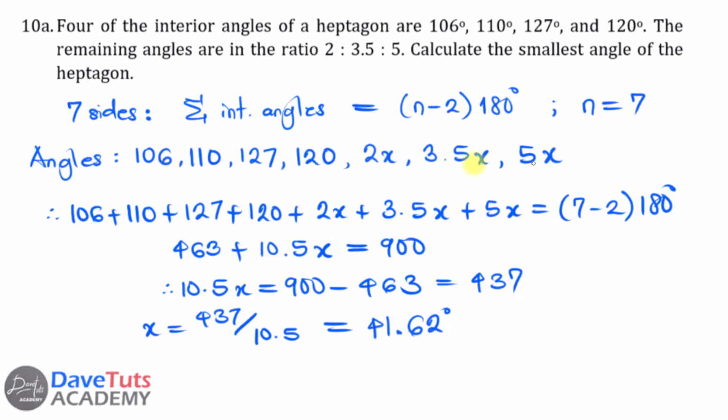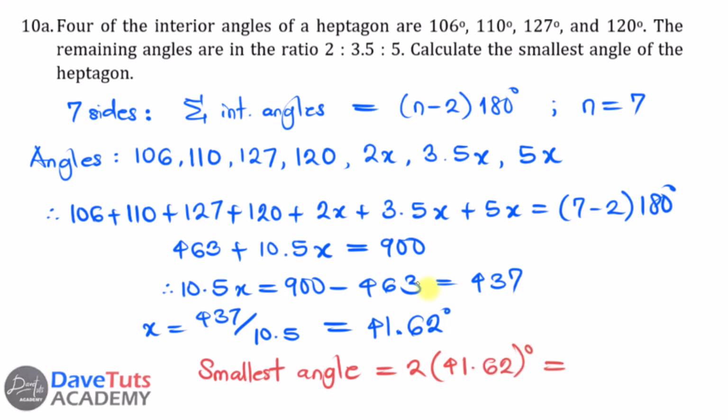Which one is going to be the smallest? Of course 106 is the smallest of the given ones, as all the ones that we are given are quite large. Between the three that we have in terms of x, 2x is actually the least of it all. So the smallest interior angle of this heptagon is going to be 2x, which is 2 multiplied by 41.62 degrees.